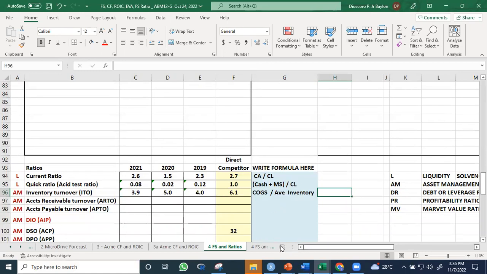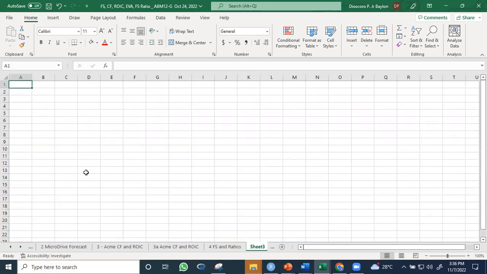Okay, what does this mean? Let's explain. What's the implication of inventory turnover?